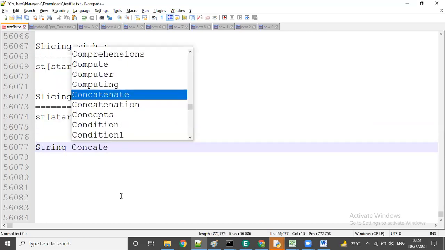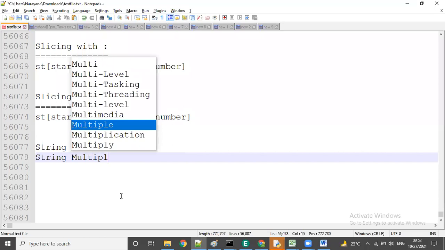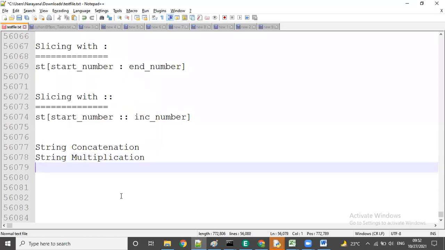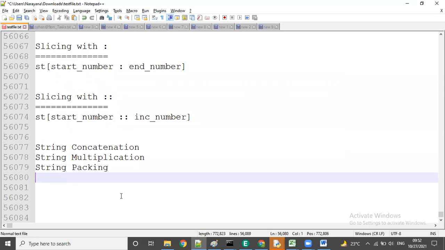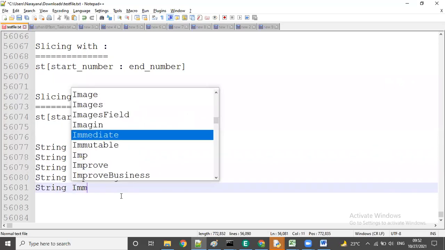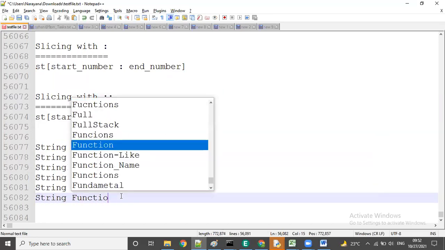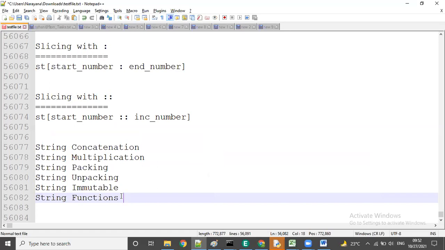String concatenation, then string multiplication, then string packing and string unpacking, string immutable, and some string functions are there, guys.